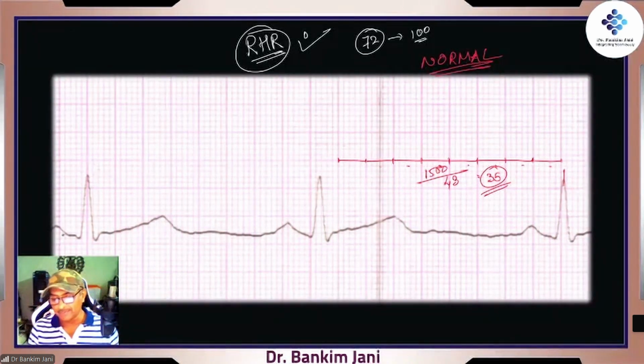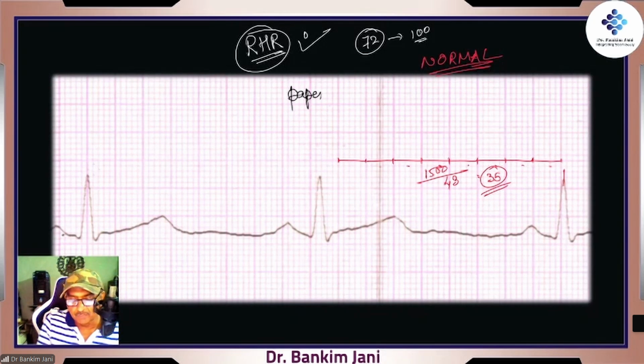Now in this case, what really happened was that the technician forgot to do the calibration. The paper should move at 25 millimeter per second.